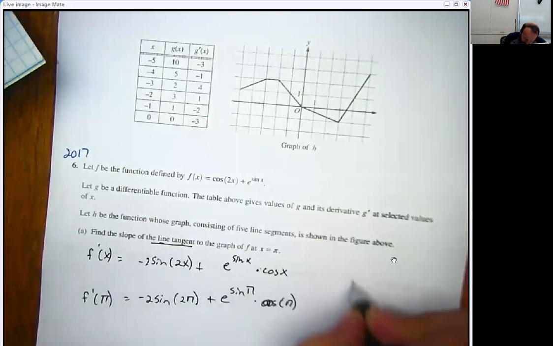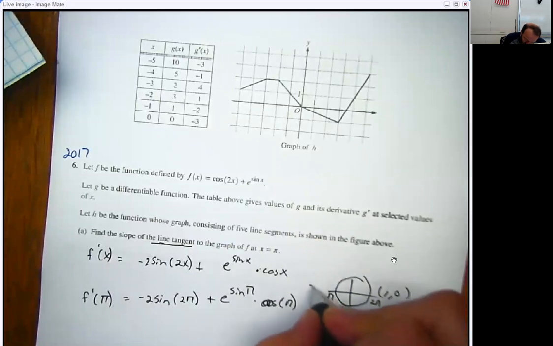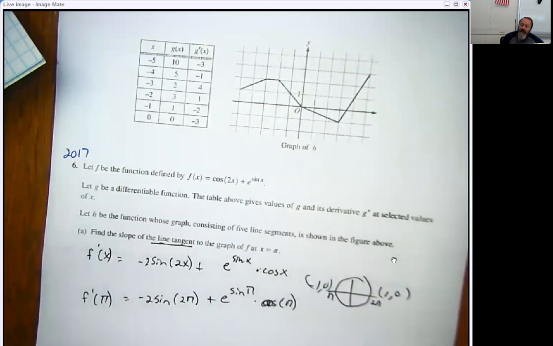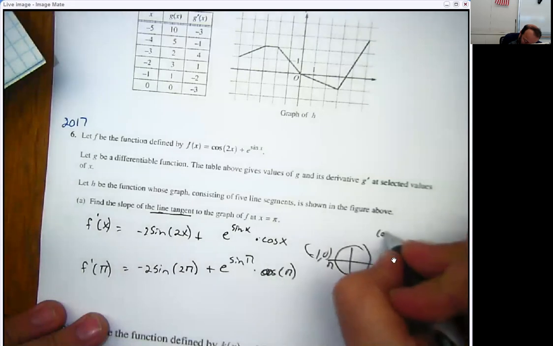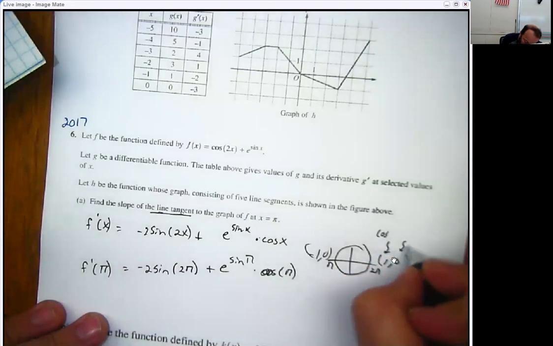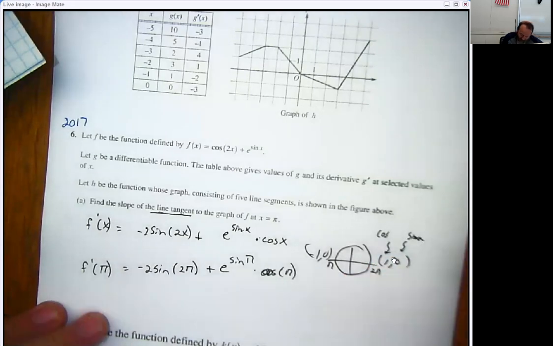of pi. Now over here I'm just going to draw a little picture. Here's where 2 pi is, here's where pi is. This is the coordinate (1, 0) and (-1, 0). Kind of an old school unit circle problem that we haven't done in a while, but you want to remember that the cosine was always the x value and the sine was always the y value.